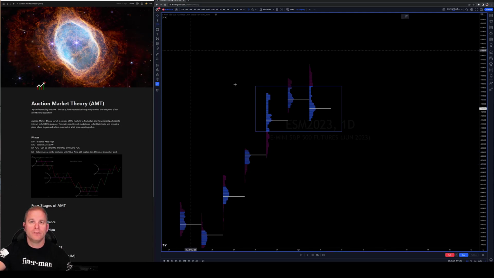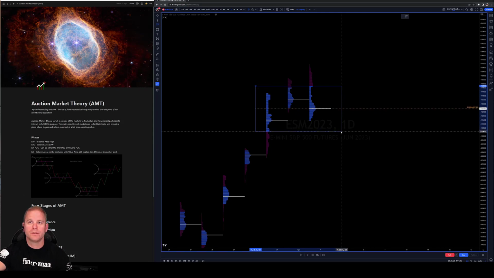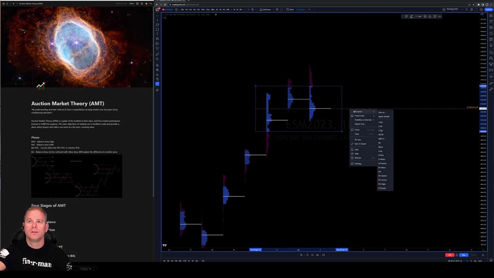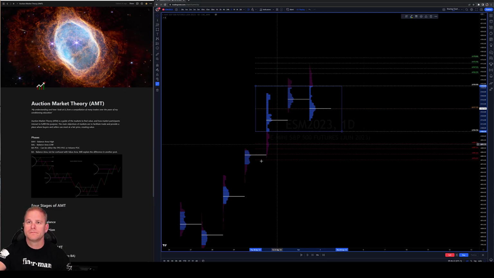The next thing that I do is I have a set of fibs set up that I call rotations, and I'll show you that in a second. I have this one right here, called 50-50. It gives me the low of the balance area, the high of the balance area, and what I call the midline.